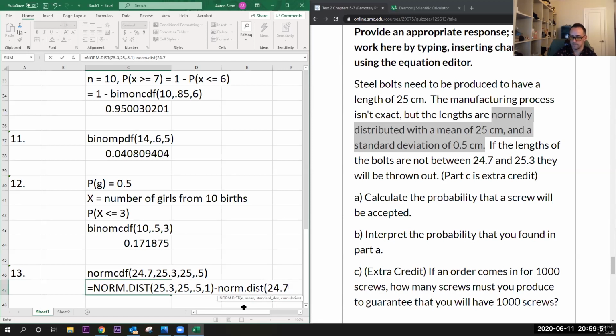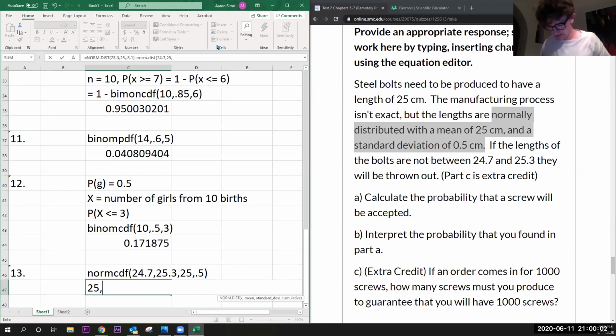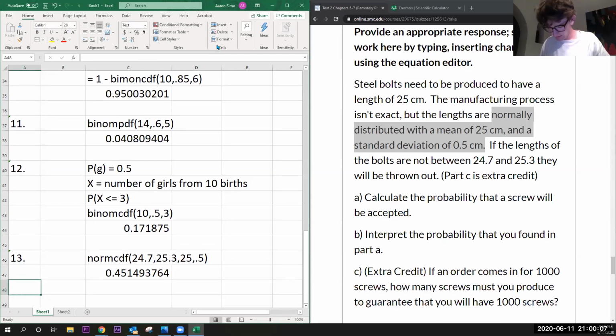You guys get it? I'm still just putting it in. 0.4515. Yeah, that's what I got using Excel.